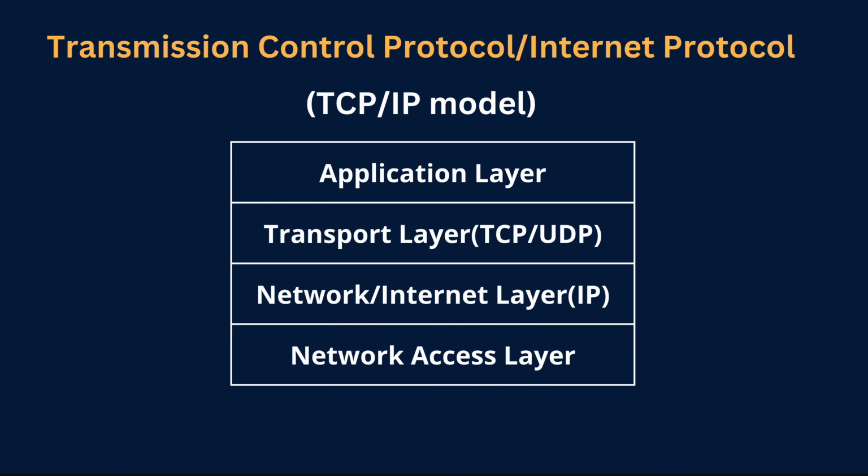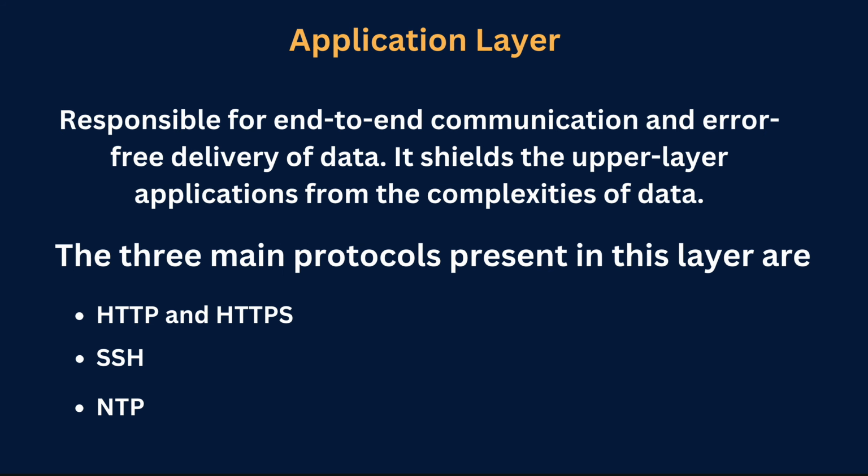And what does HTTP do? HTTP is the protocol. Protocol means some rules and regulations are defined to connect from your machine to a website server, right? Now, see the application layer. What does the application layer do? It is responsible for end-to-end communication and error-free delivery of data. It shields the upper layer applications from the complexity of data, right? Whenever there is end-to-end communication, we use the application layer.